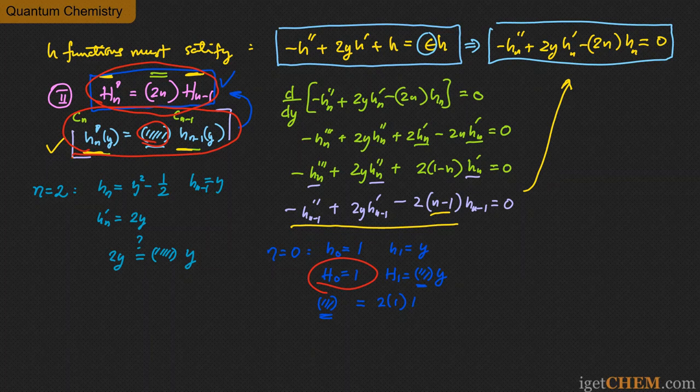And so you can then establish a correspondence between these small h functions that we have worked out and the proper Hermite polynomials, which are these big H functions.